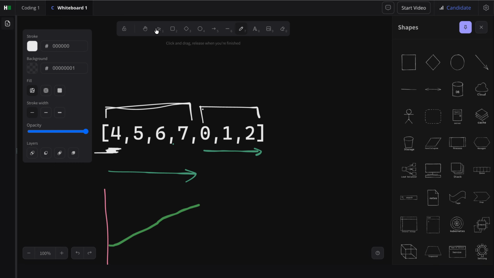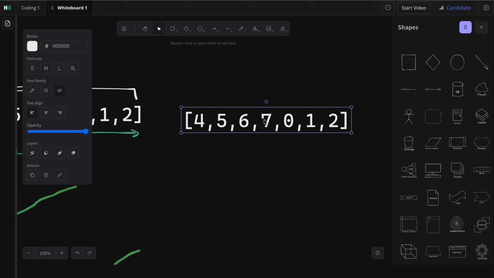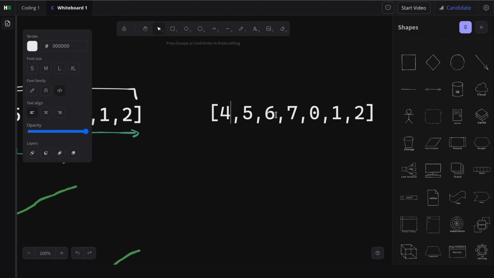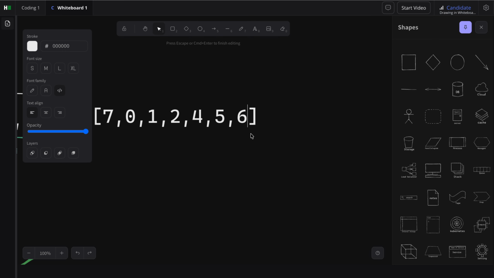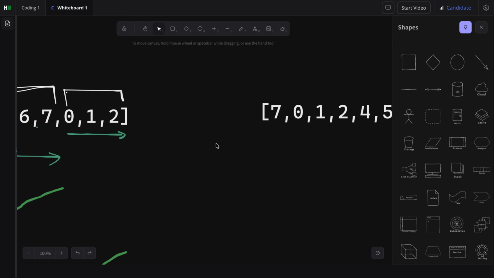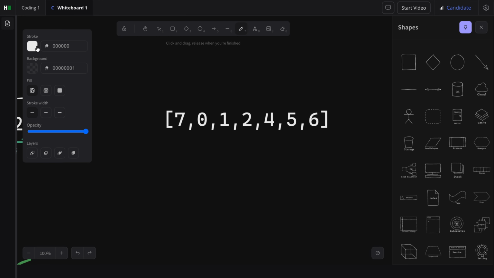I'm thinking of an example where we have 7, 4, and now the two sections are like this. We have our left section right here, and then we have a right section right here, right?